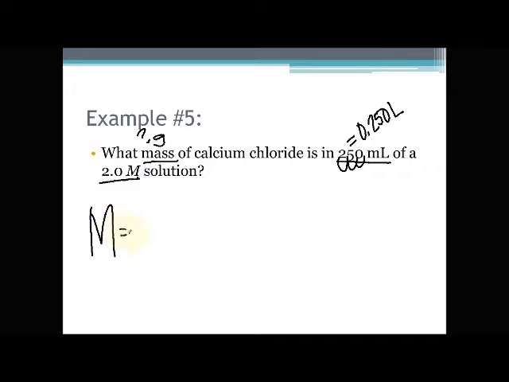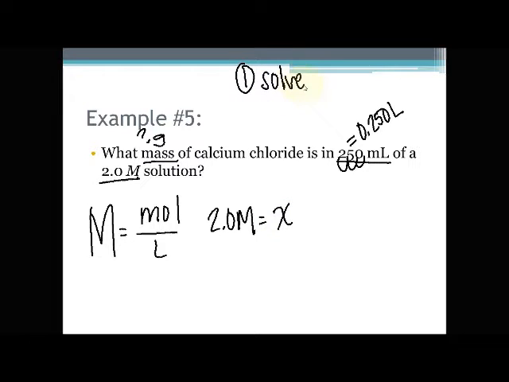So our equation to start, molarity equals moles over liters. Plug in what we know. We're going to stick X for moles, because remember, first thing to do is solve for those moles. And then on the bottom, put our volume, the 0.250 liters.